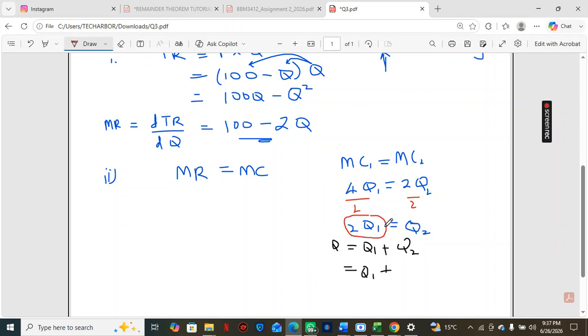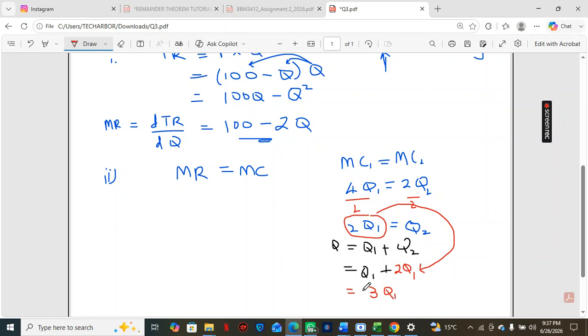Remember Q2 equals 2Q1, so we bring it here. So Q1 plus 2Q1 gives us 3Q1.